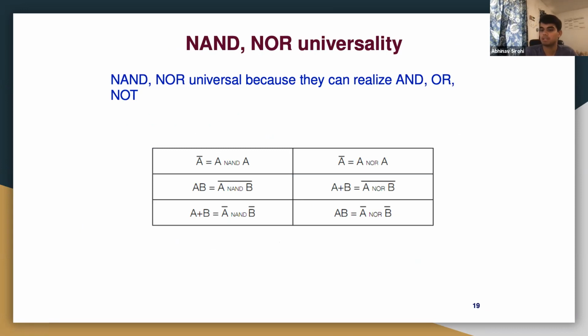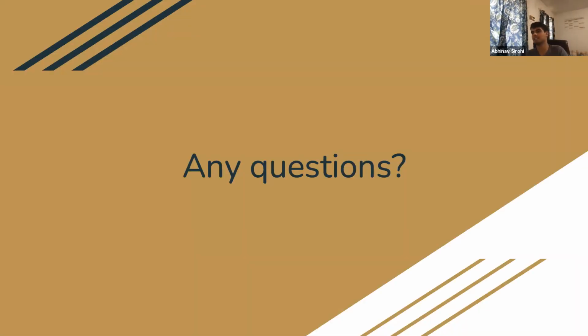And that's basically all I have for today. So that's just a quick introduction to circuits, transistors, logic gates, all of that. And it's pretty cool how you could just use a NAND gate and build any gates you want. So that's all I have for today.